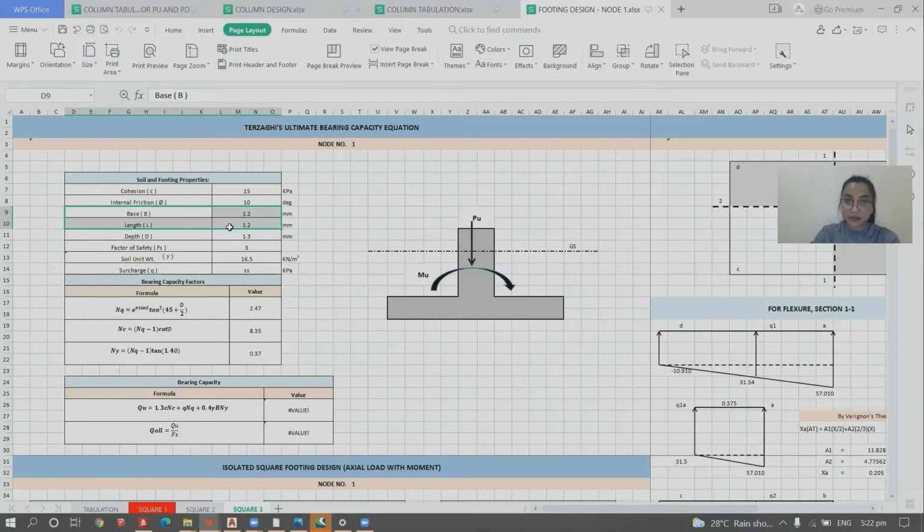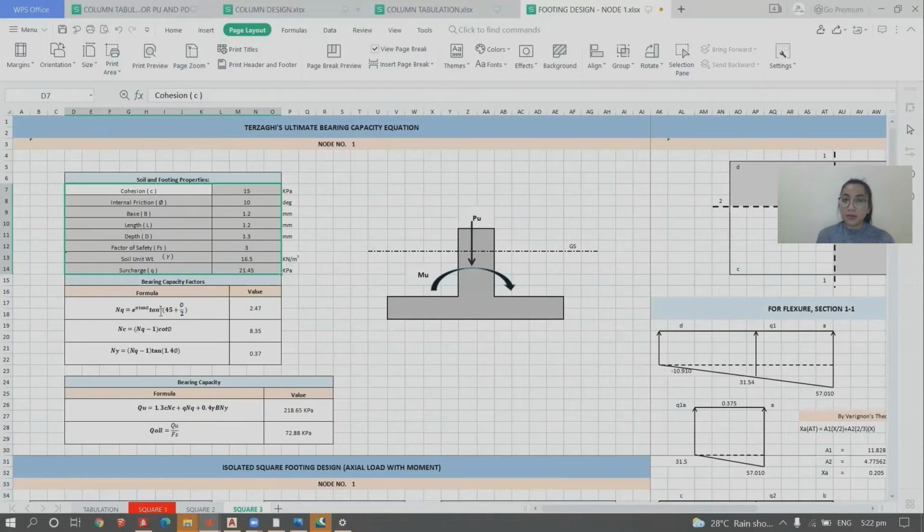This is from the ground surface to the bottom of the footing, and then we have factor of safety 3, soil unit weight 16.5, and then the surcharge of 21.45.